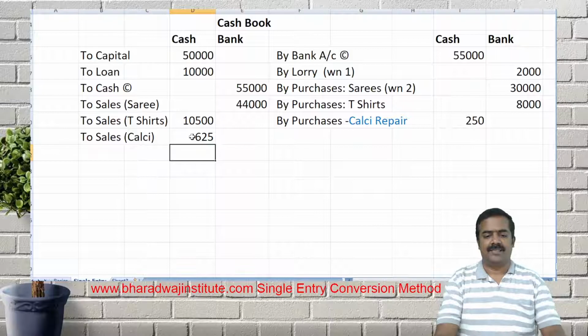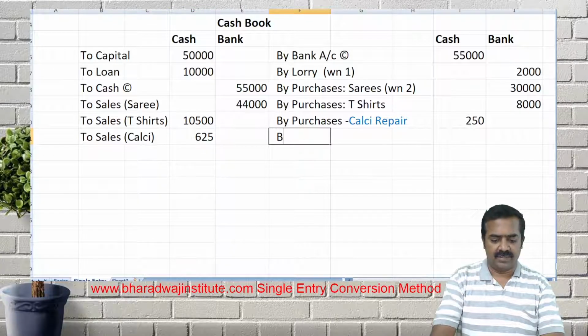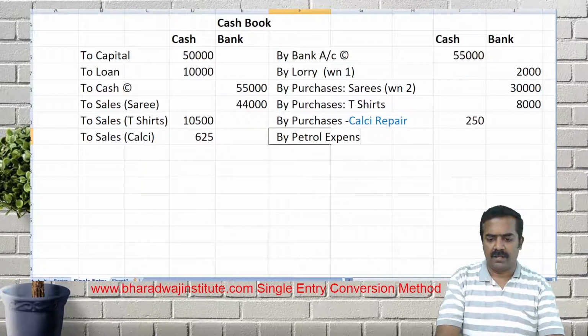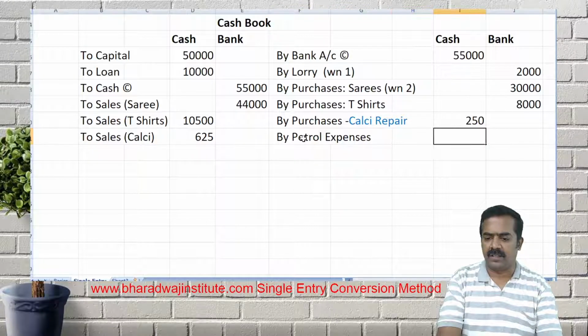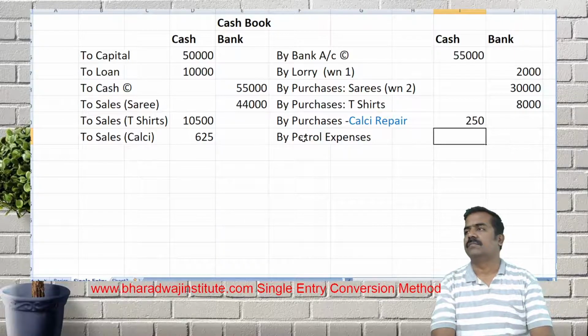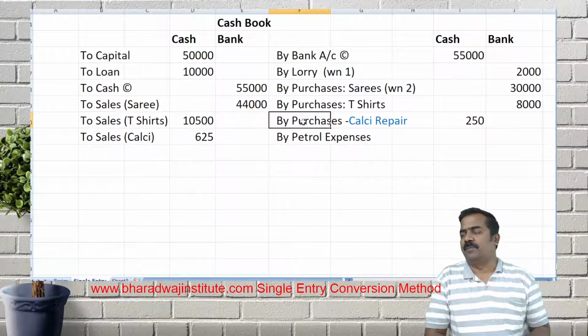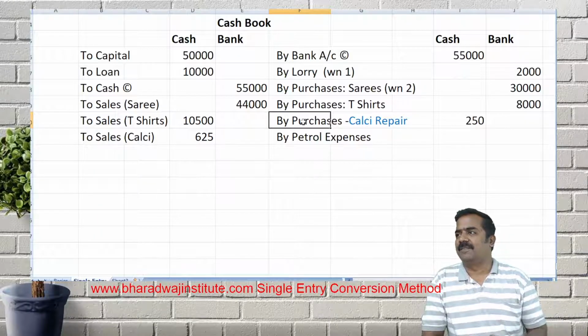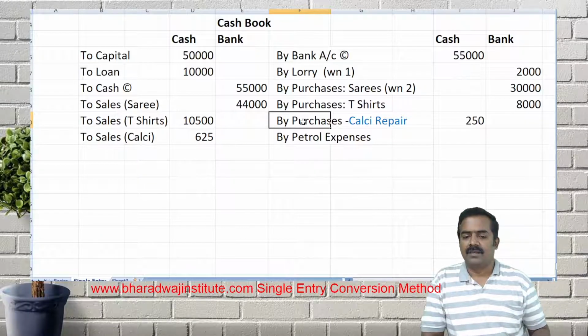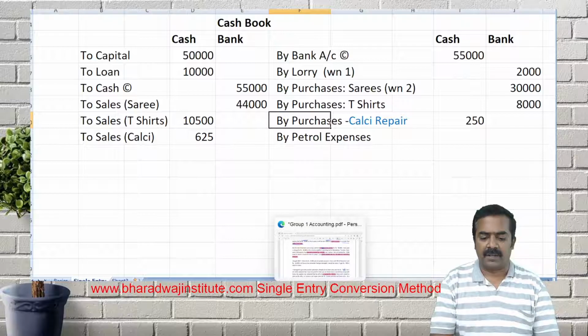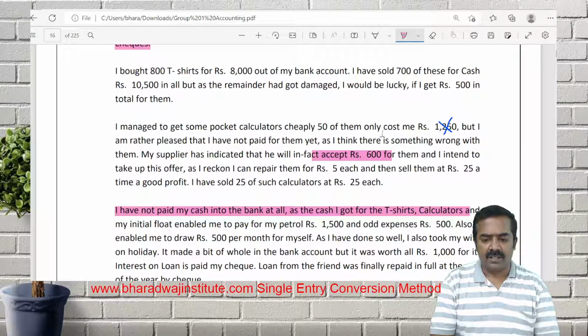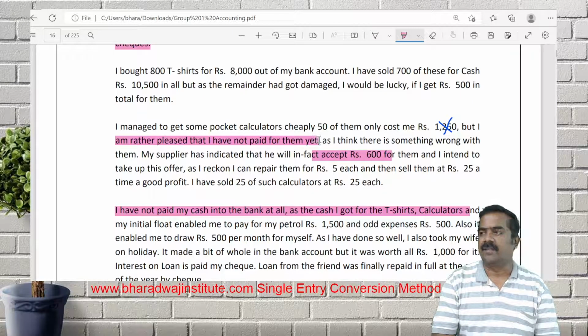That's it, sir. No, what is there? By petrol expenses. Last paragraph. Petrol expense, how much have we spent? It has to be done. Without repair, how can they repair and give? Which one? 600 is not paid, it didn't say that. For example, look what he has given: I am rather pleased that I have not paid anything for the calculators.